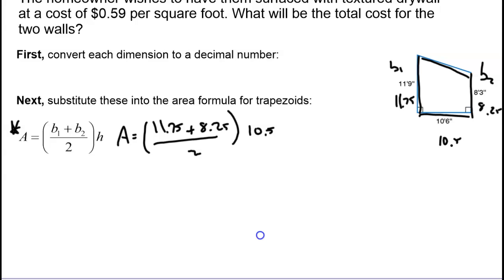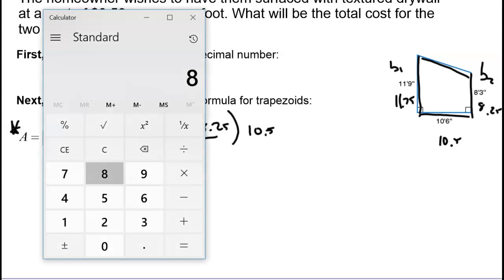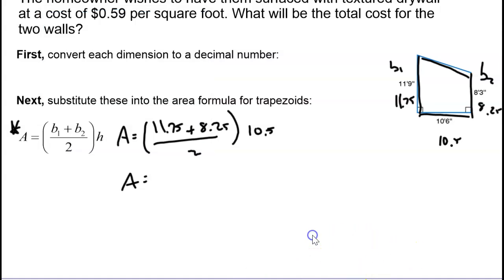Okay, so now let's go ahead and finish or work on the calculations. 11.75 plus 8.25 is going to be 20, over 2 times 10.5.